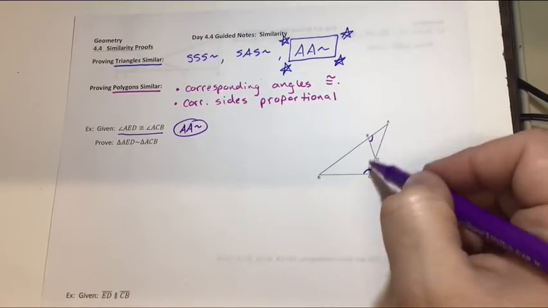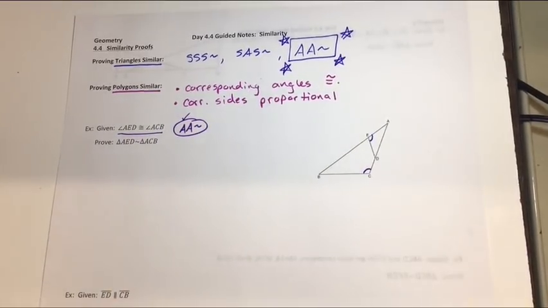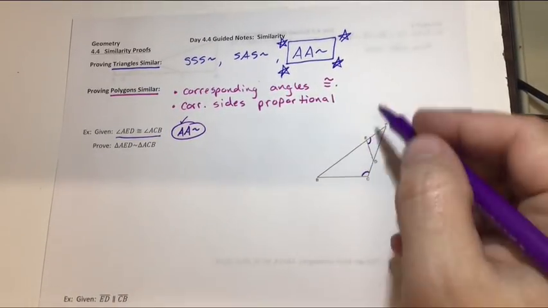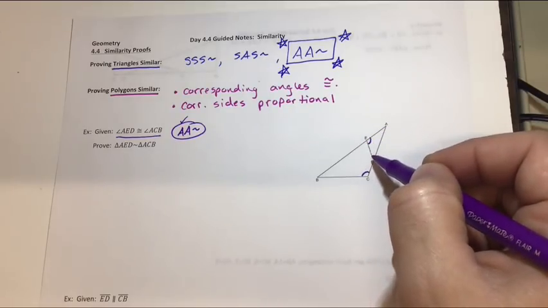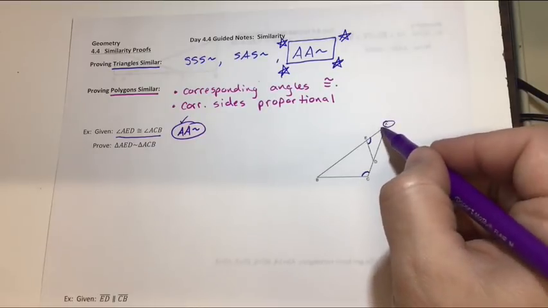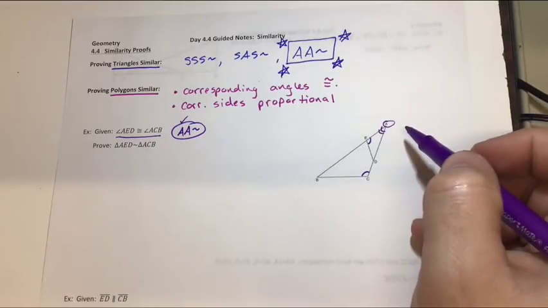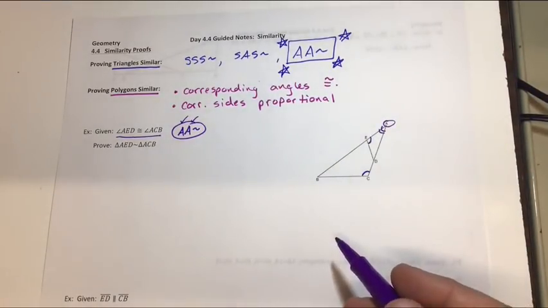And that's just given to you. There's no other way for me to know those are congruent. Well, that's one of the pairs of corresponding congruent angles. I need another pair, but you'll notice that both triangles, this little one, AED, and this big one, ACB, share angle A, meaning angle A is congruent to itself by the reflexive property. So that's the other pair of congruent angles. So this proof is actually fairly simple.